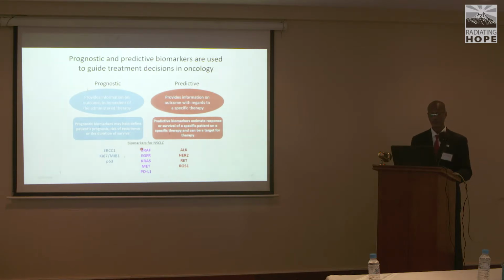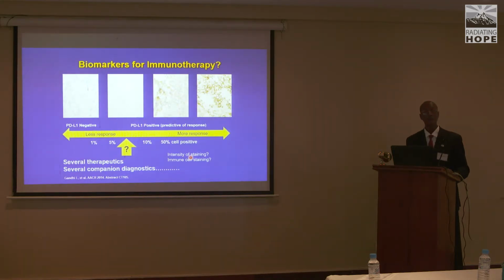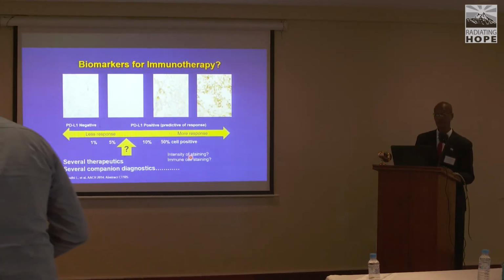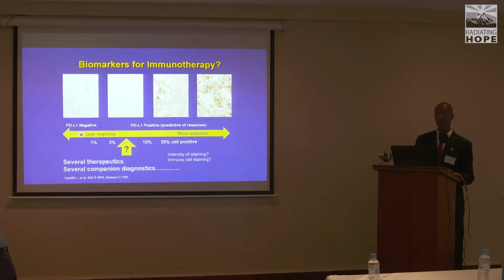Here I can show you some biomarkers already known with some genes. Biomarkers for immunotherapy have been discussed, and here I have some examples. You see here different stains with PD-L1 negative, PD-L1 positive, predictive of response, and down there you see the percentage of cells which are positive.